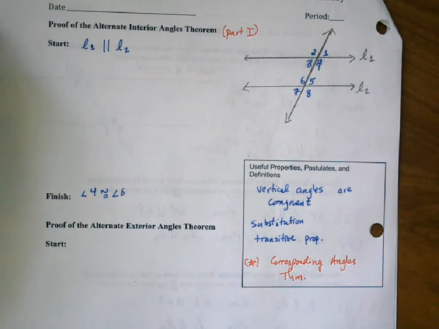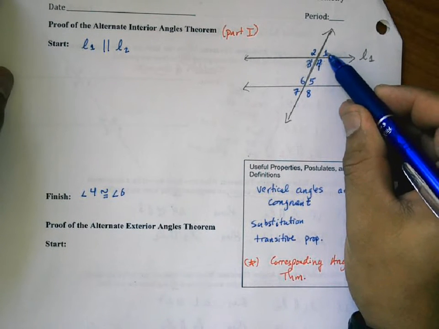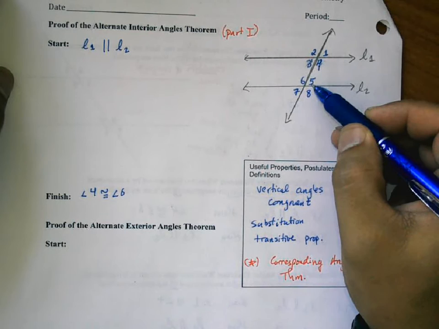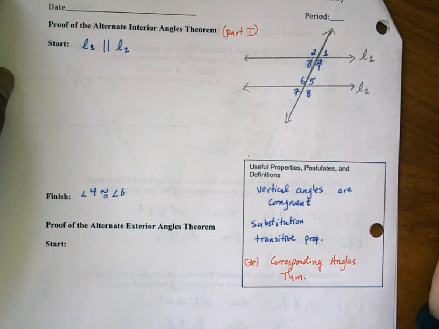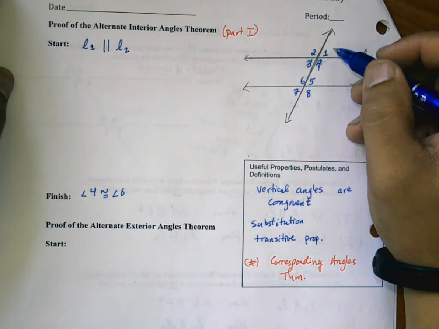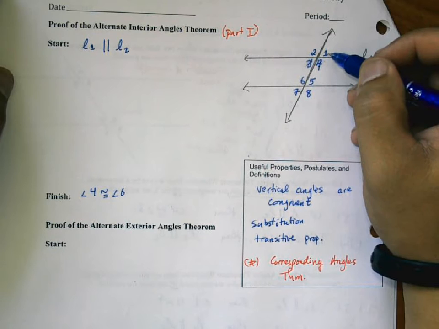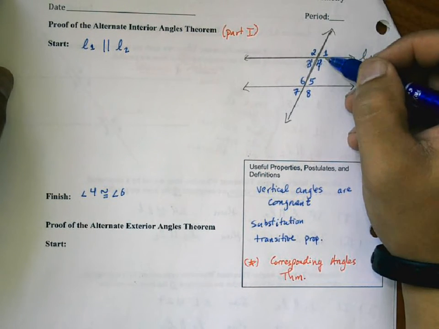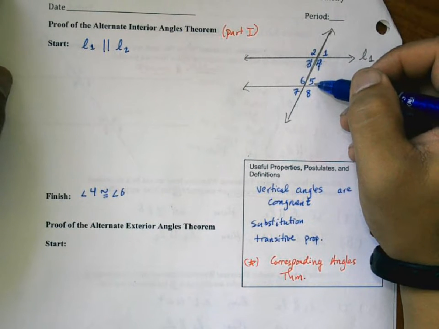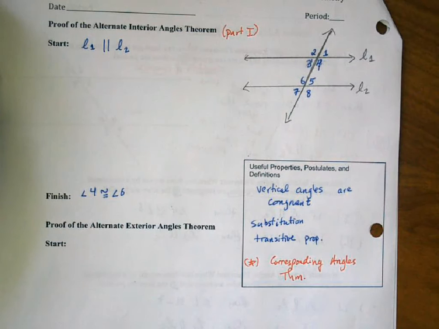So I know then that because the two lines are parallel, angles 1 and angle, let's not use 1, or I suppose we can. Let's see. I can see that angle 1 and angle 5 have to be congruent to each other.